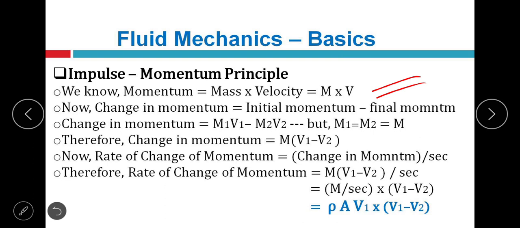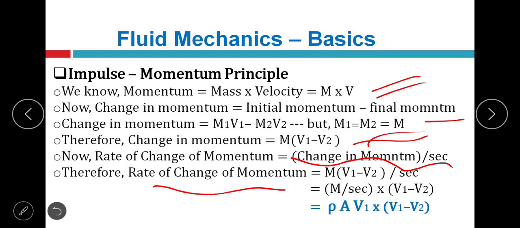Now change in momentum is equal to initial momentum minus final momentum. Change in momentum therefore is equal to m1 v1 minus m2 v2, but m1 and m2 are equal to capital M. Therefore change in momentum is equal to M multiplied by (v1 minus v2). Now rate of change of momentum is equal to change in momentum per second.